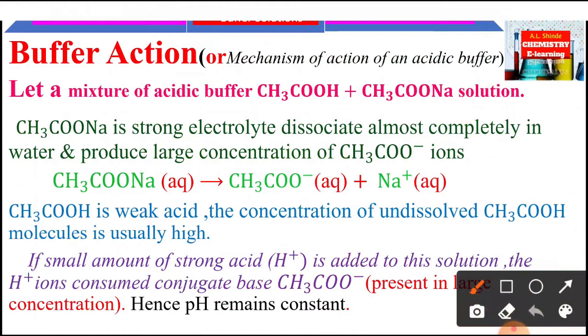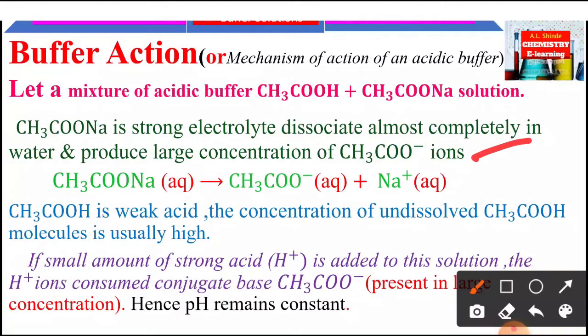Sodium acetate is a strong electrolyte, hence it dissociates almost completely in water and produces a large concentration of acetate ions, that means CH3COO minus ions. The reaction is like this: CH3COONa(aq) gives CH3COO minus(aq) plus Na plus(aq). That means sodium acetate dissociates into acetate ions and sodium ions in water.